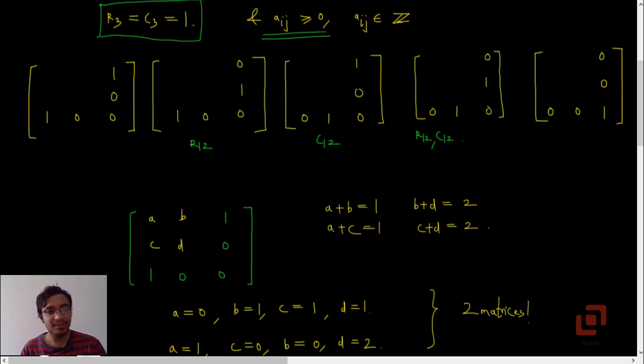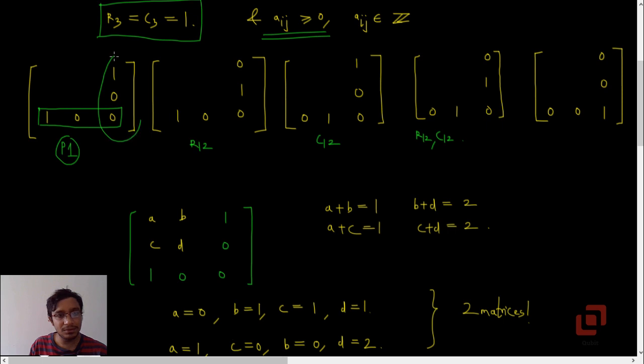We will start with the simplest possibility. Let's call it P1, wherein R3 is 1 0 0 and C3 is also 1 0 0. So that is possibility 1.